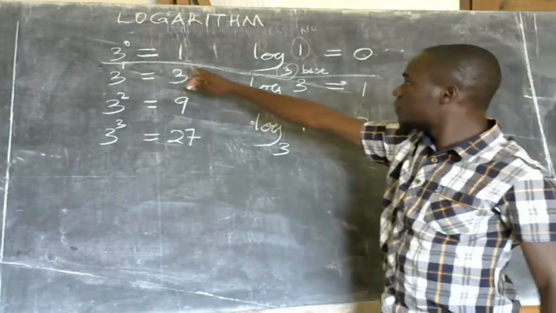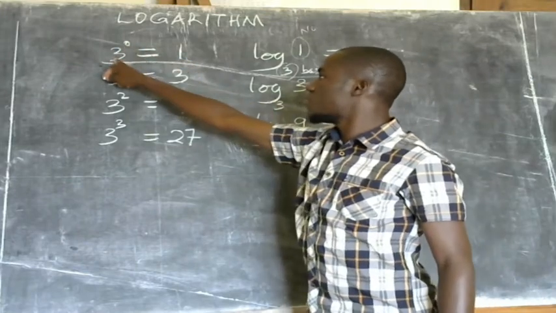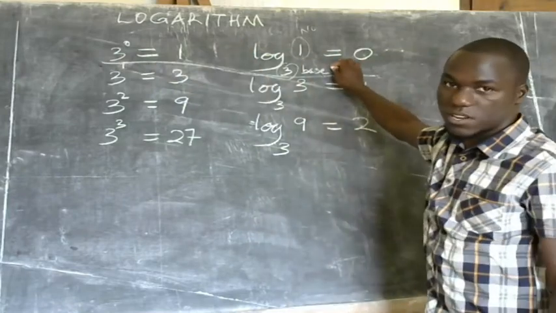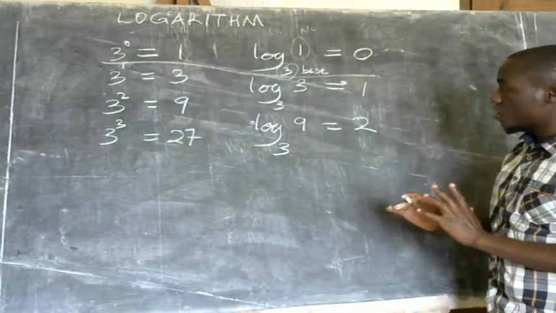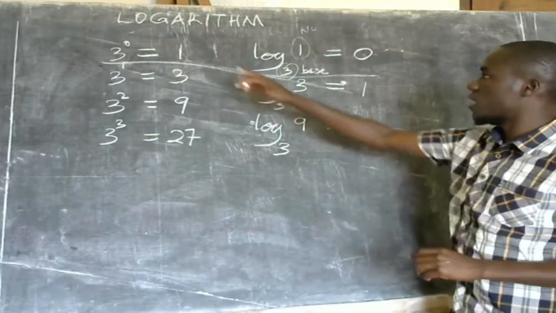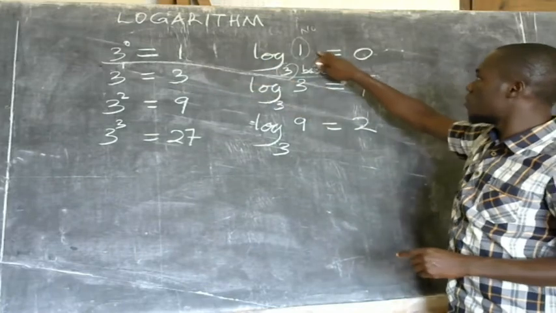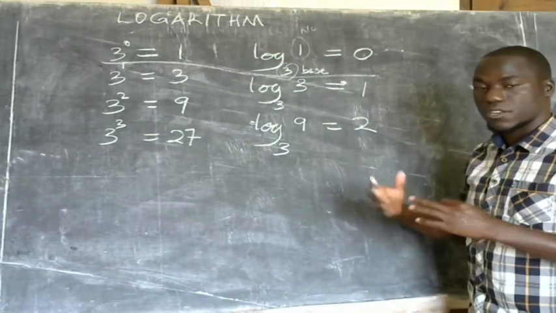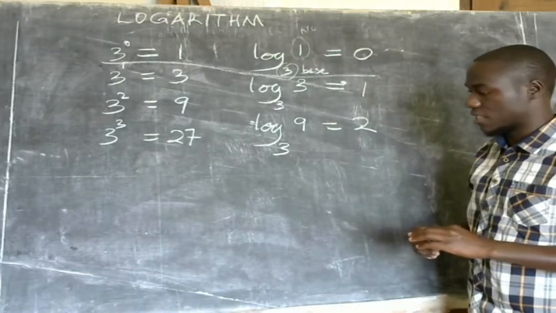Log of 1 is 0 to base 3. So this is the index form, and that one there is the logarithmic form. You need to know how to write such an index equation into a logarithmic equation, because when we are dealing with equations, we are going to see how we do such a thing there.